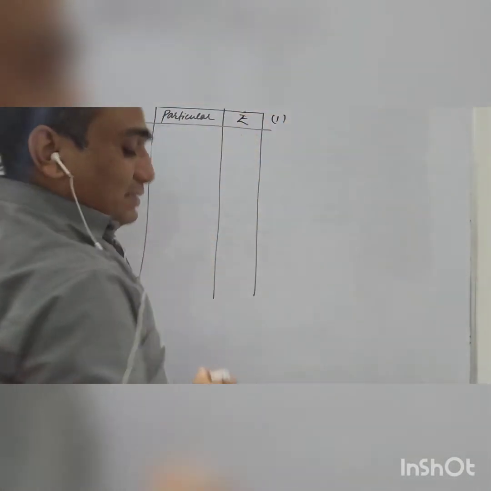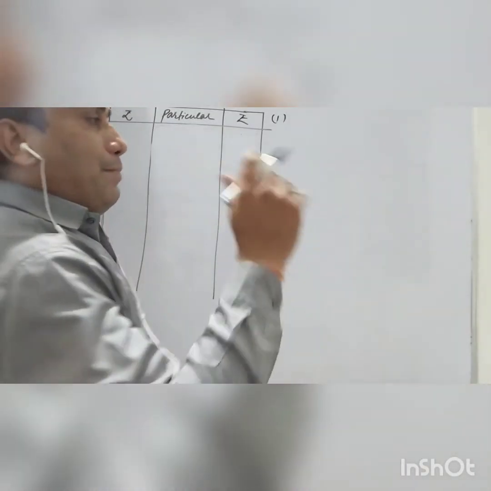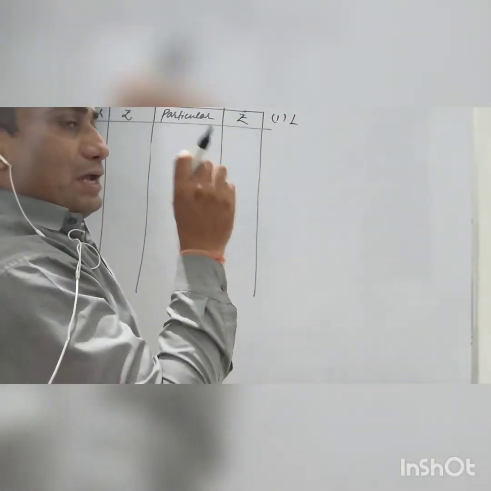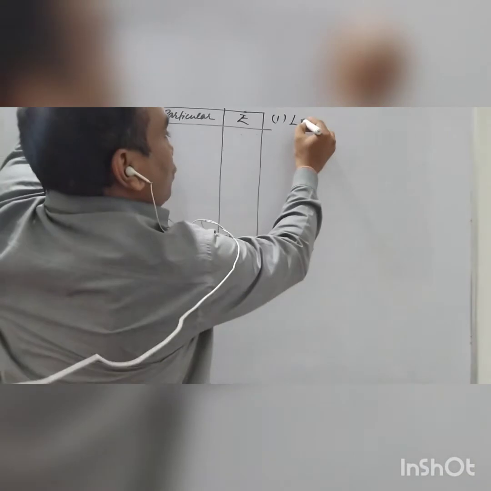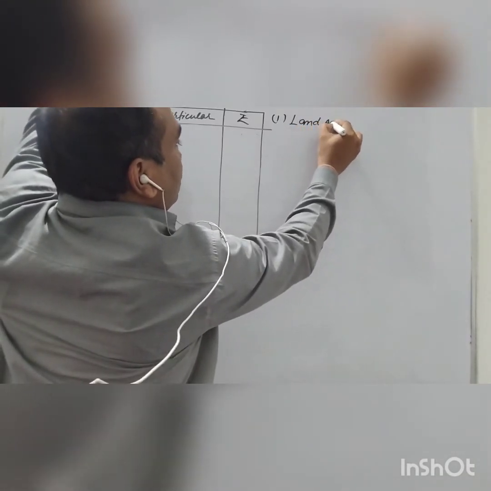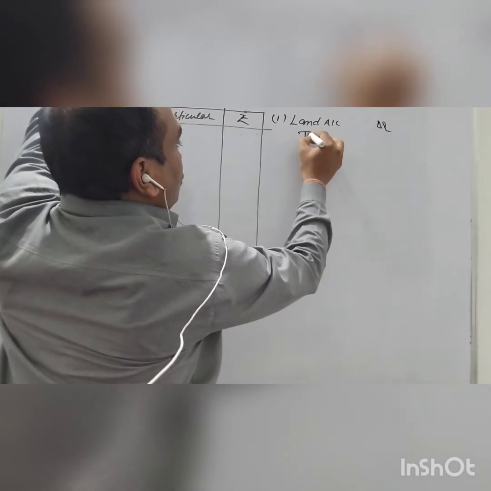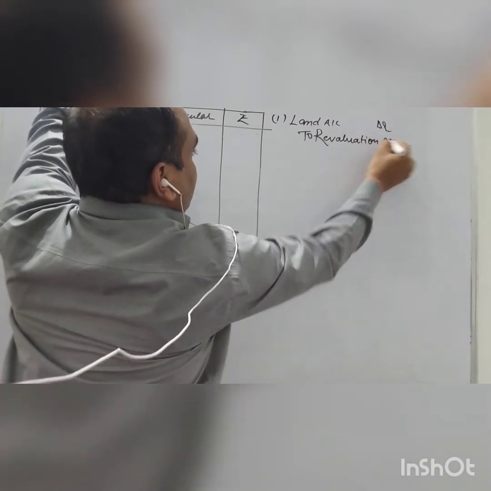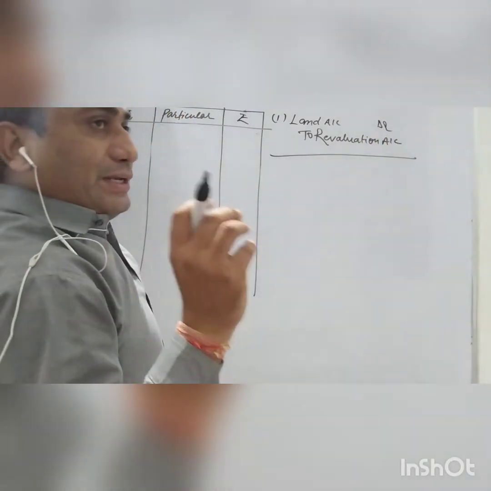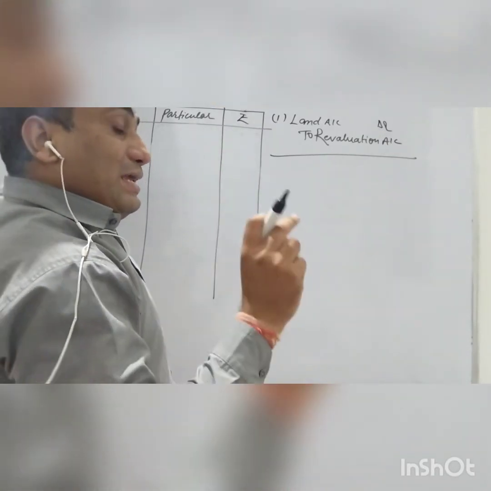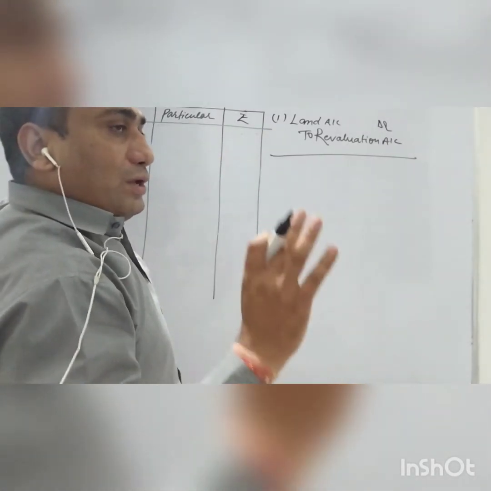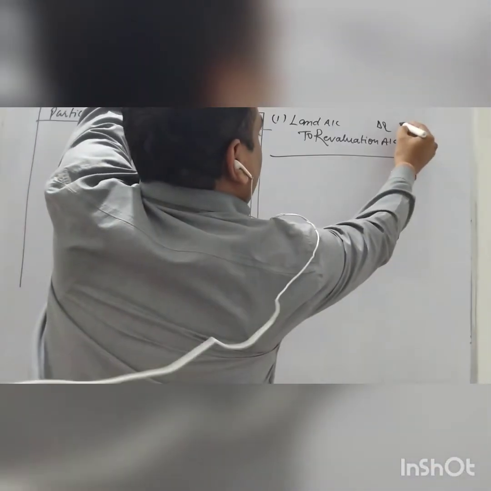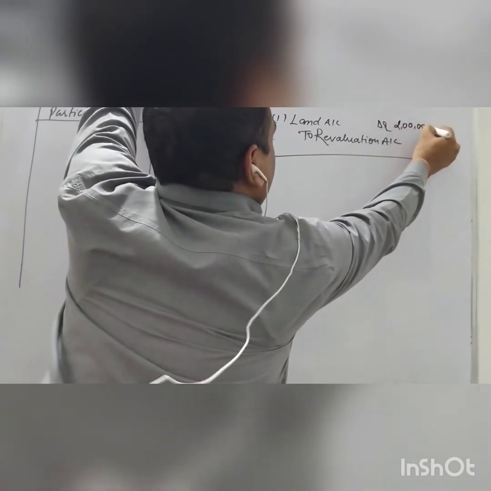Since any asset increasing will be debited, land account debit to revaluation account. The amount we take is only the difference: 5 lakh is the book value and now it is 7 lakh, so we take only 2 lakh.